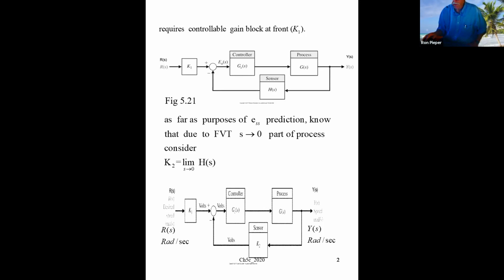In which case, because that's kind of like our steady state analysis, we know was based on the final value theorem where S does go to 0, and this is sort of what's behind all this. So we're saying, if we're interested only in the steady state error, then in fact, this modification, to replace the sensor H of S with the constant is okay, because we're interested strictly in the steady state error.